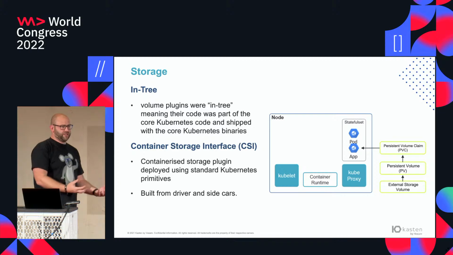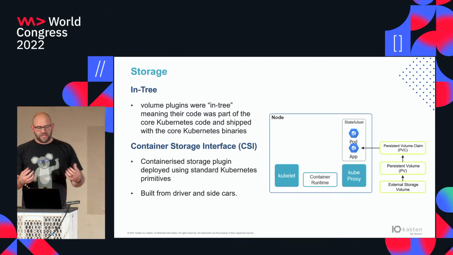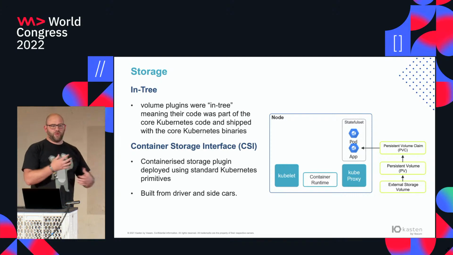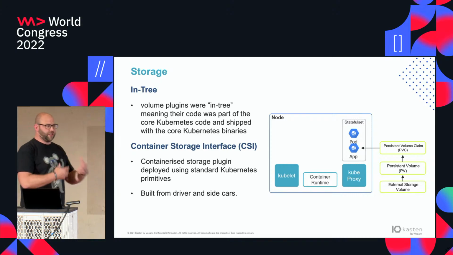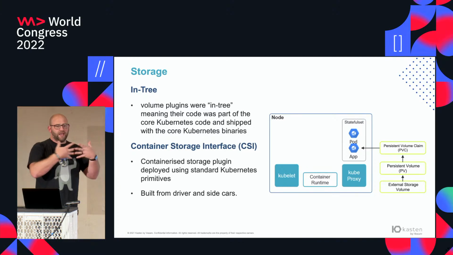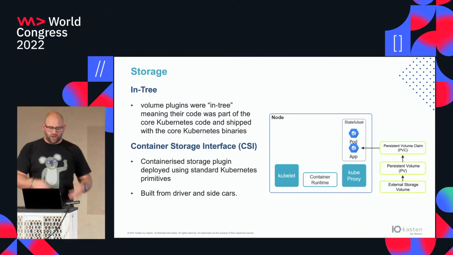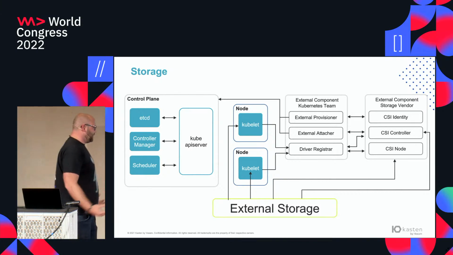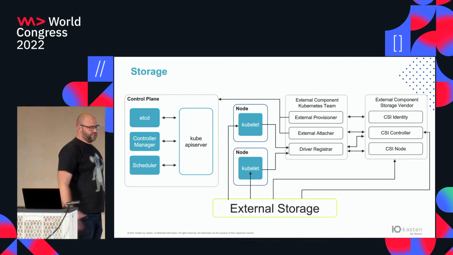And then along came the container storage interface that gives us the ability to have a storage plugin that we can do out of band. Any storage vendor can plug into those APIs and allow us to take advantage of those. So just to explain this, without getting into the weeds, you've got your external storage, of which there's over 100 CSI external storage drivers available out there.